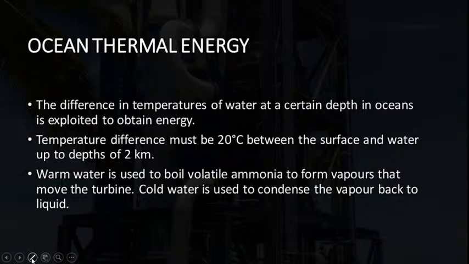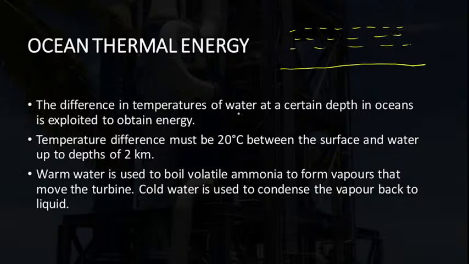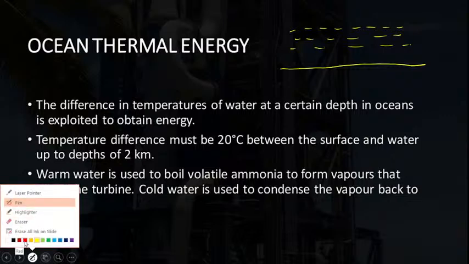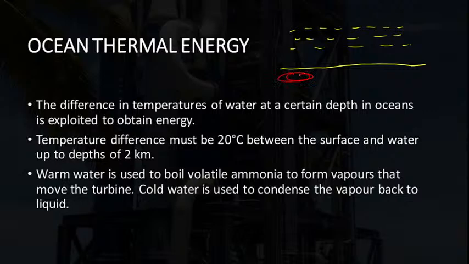So suppose this is an ocean layer of water, and below the ocean there is quite hot, red hot magma flowing below the surface of the ocean or sea.